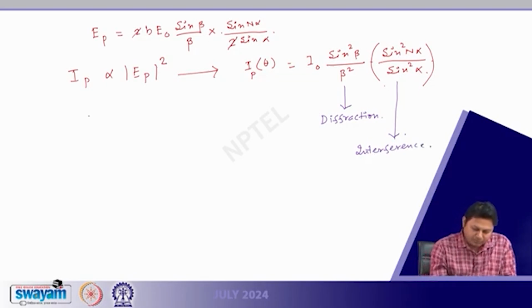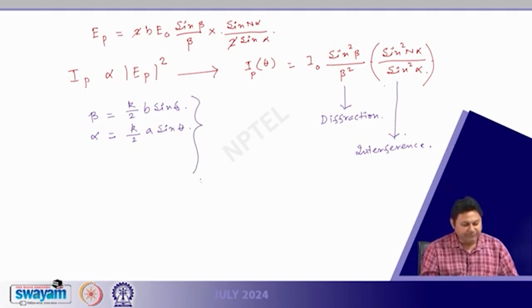And the value of beta and alpha, several times I defined, so let me define, it is k by 2 b sin theta and k by 2 a sin theta.